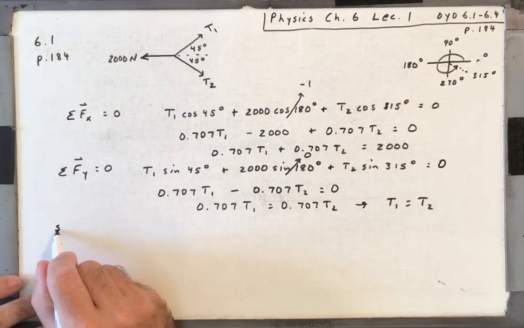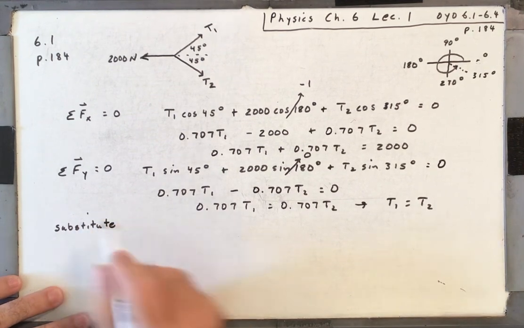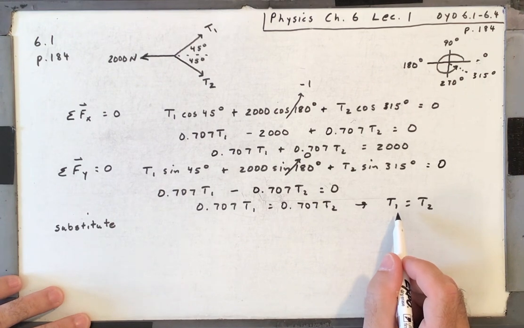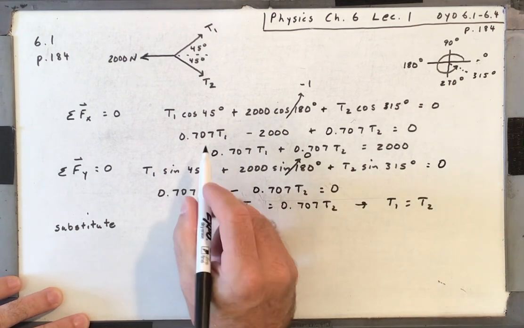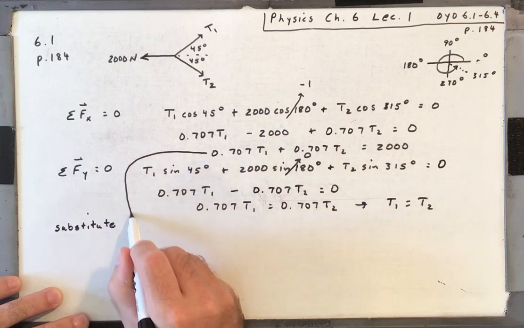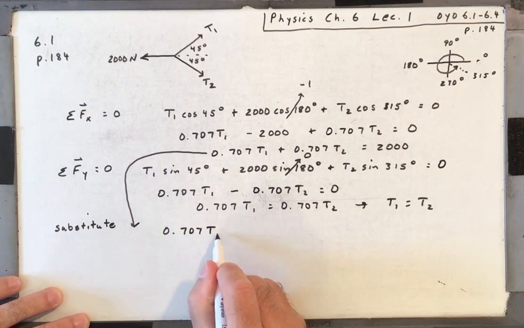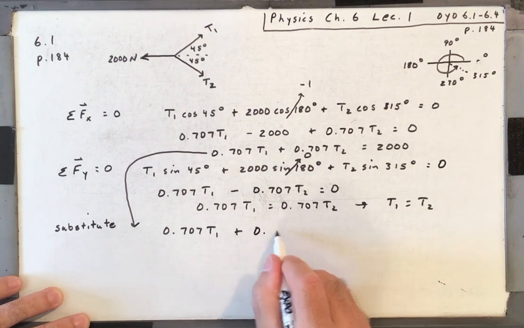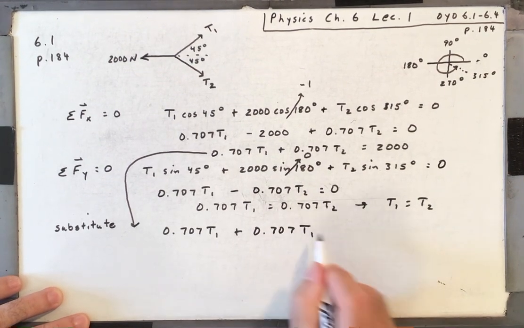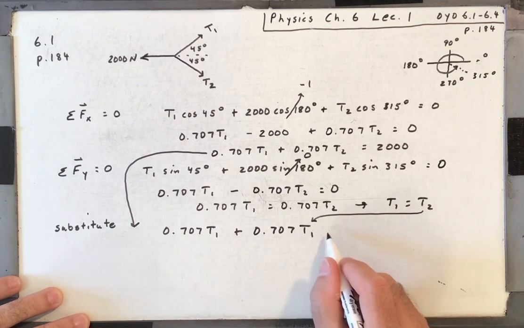Now we're going to do a substitution. We're going to substitute T1 in for T2. So I'm going to do that right here. All right, we know that T1, so let's look at this equation right here. 0.707 T1 plus, remember T1 and T2 are interchangeable, so we can say 0.707 T1 again, because T2 is equal to T1, is equal to 2,000.